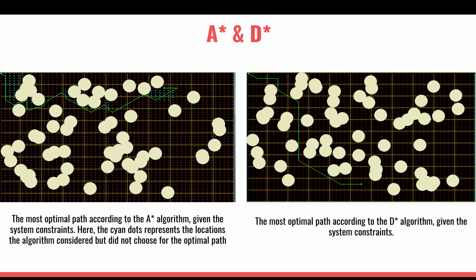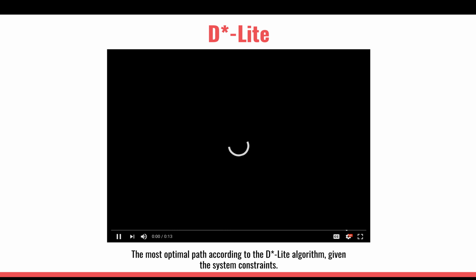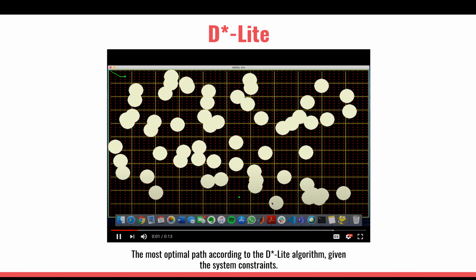For example, for a pre-calculated path, if an obstacle moves into that path, D star handles that problem more effectively and recalculates a more optimal path faster than A star. D star Lite again acts as an extension to D star, where it's algorithmically simpler, and which allows us to improve upon that and play around with it better than D star.